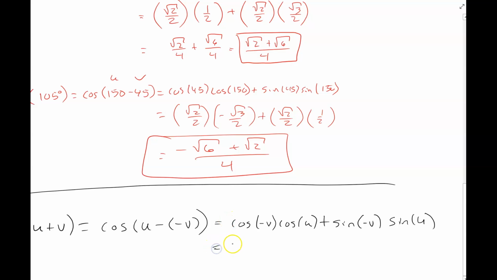Remember that cosine of a negative is just cosine of the positive, and sine of the negative is negative of the sine. So the cosine of u plus v is the exact same thing, except we're subtracting instead of adding.